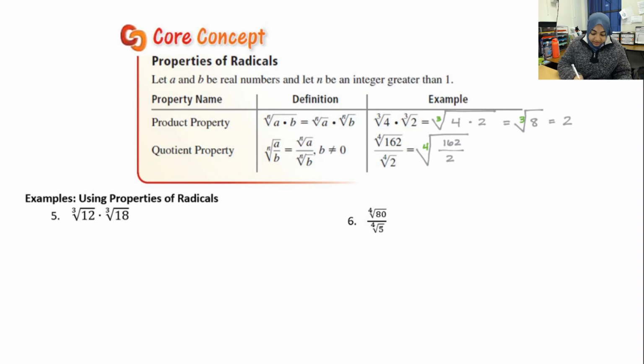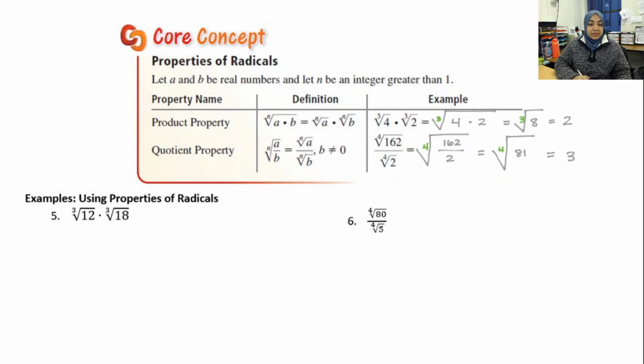And I know that I can simplify 162 over 2 into 81. And luckily for us, 81 is a perfect 4th power, okay? So the 4th root of 81 is 3.